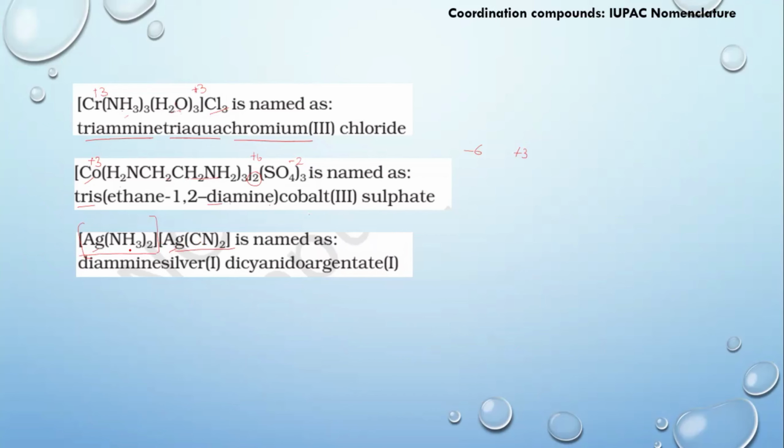For the cationic part, the ligand is ammonia, so we write ammine. Two ammonia are there, so we write diamminesilver. We will write the oxidation number later, followed by the anion, that is dicyanoargentate.